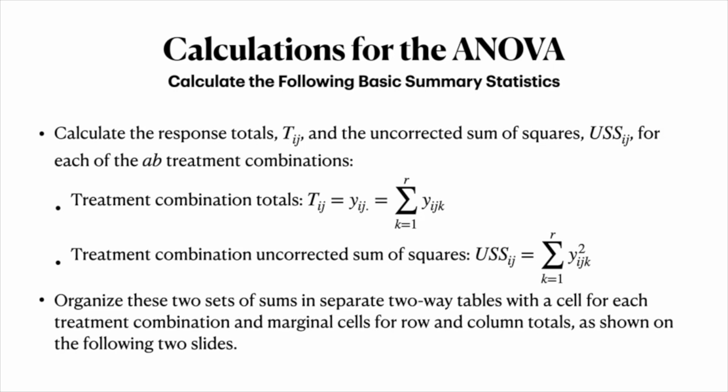And it's convenient to organize these two sets of sums in separate two-way tables with a cell for each treatment combination and marginal cells for row and column totals, as shown on the following two slides.